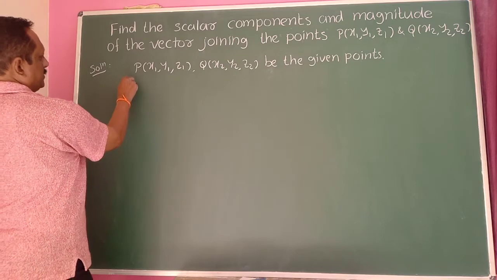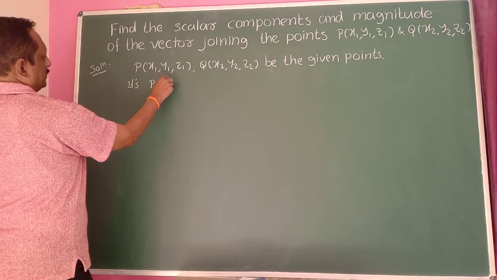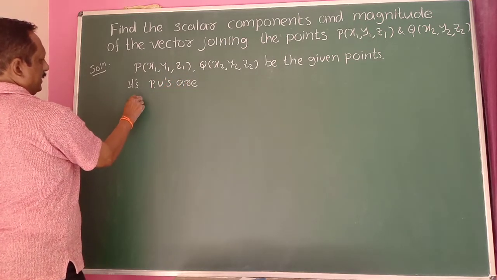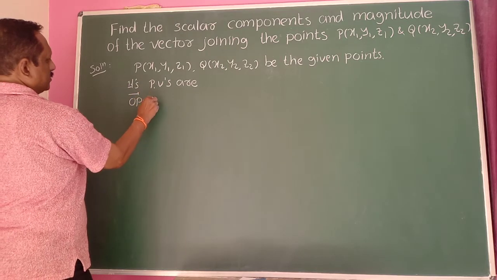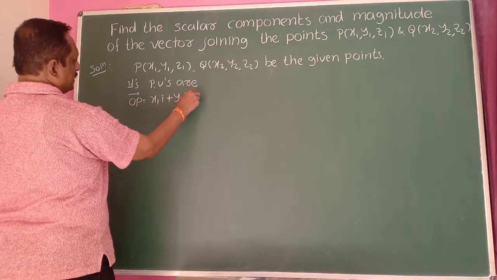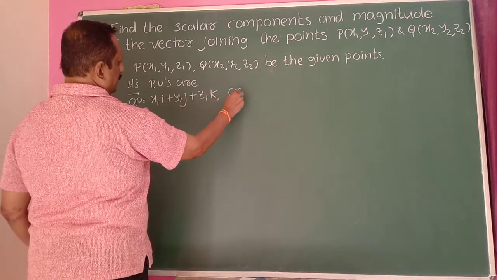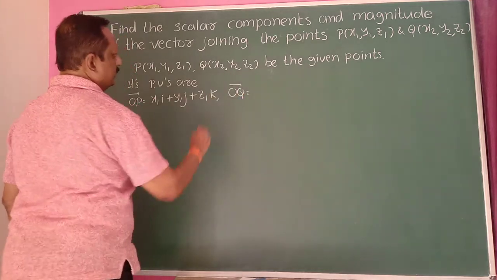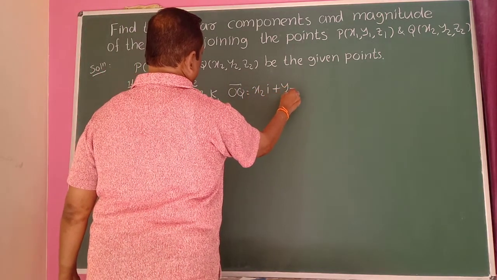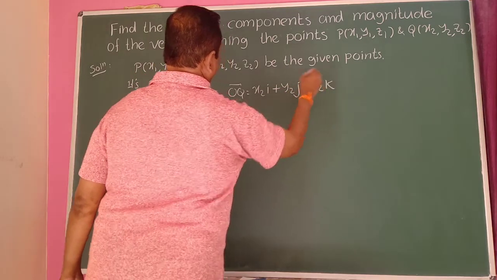Therefore, the position vectors are OP is equal to x1 i plus y1 j plus z1 k and the vector OQ is equal to x2 i plus y2 j plus z2 k.